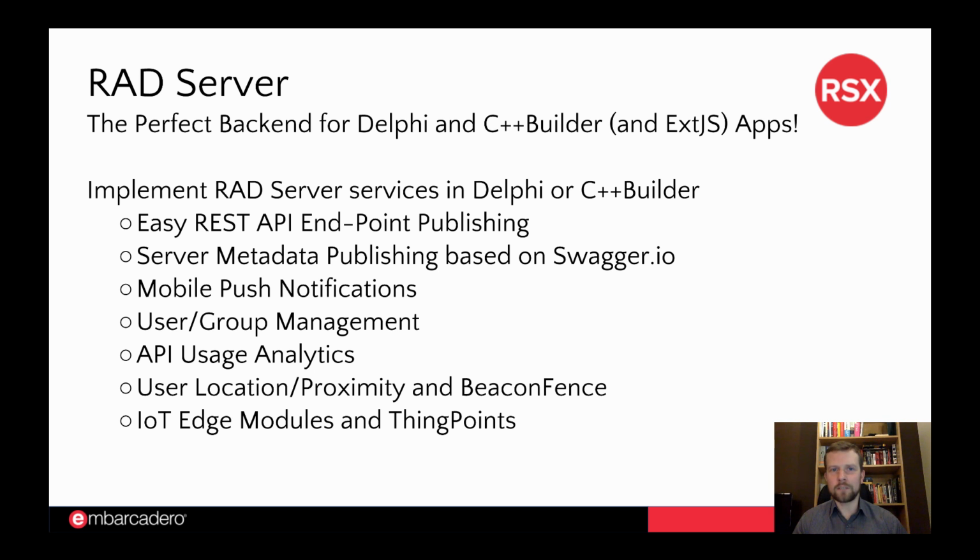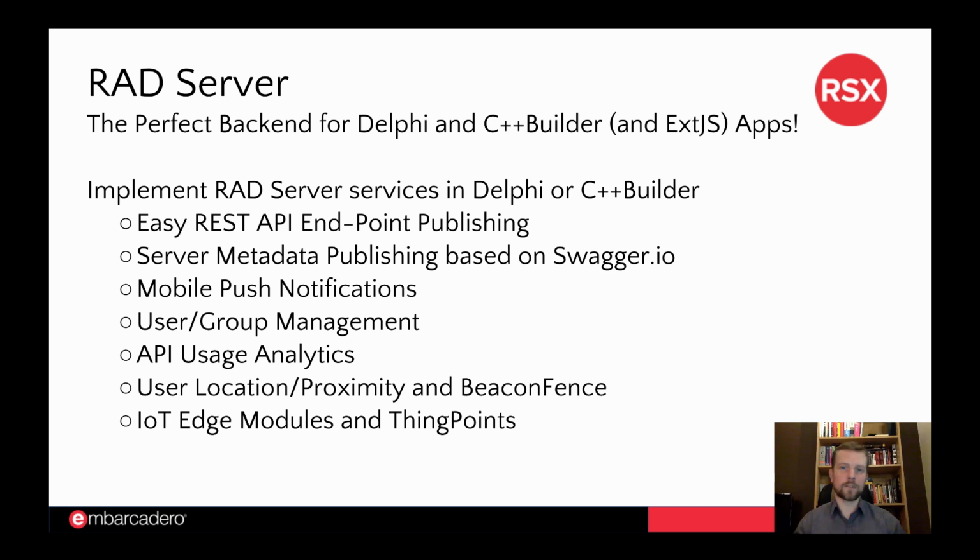Now RAD Server is a great backend for Delphi and C++Builder and Ext JS applications. It provides a great way to turn an existing app, if you have an existing desktop or mobile application, into a REST-enabled backend. It has easy REST API endpoint publishing, supports server metadata publishing based on swagger.io, push notifications, we have user and group management, we have usage analytics, user location, proximity, beacons, and IoT support.